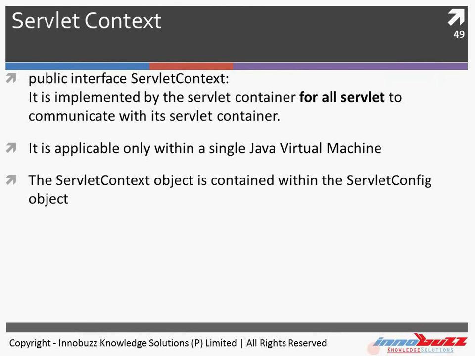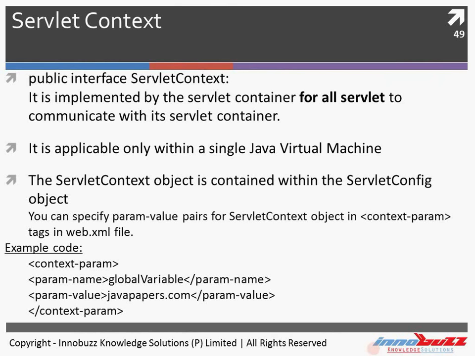The servlet context object is contained within the servlet config object. We have already seen how servlet config is used. You can specify the param-value pairs for the servlet context object using the context-param tag, which will be found in the web.xml file. This is the example code which shows you the exact syntax in your web.xml.